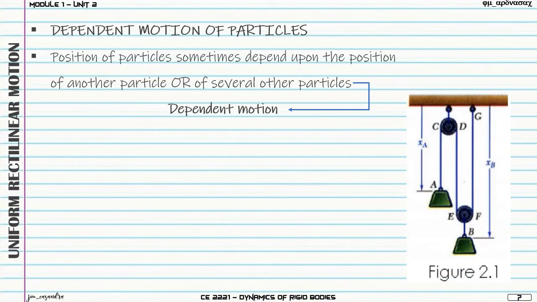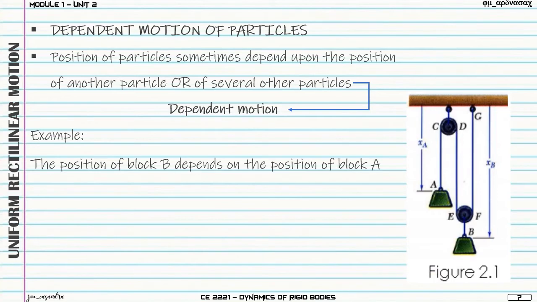We have here two blocks, A and B. From the figure, the position of block B would depend on the position of block A. So whenever block A moves, basically it will also affect the position of block B.